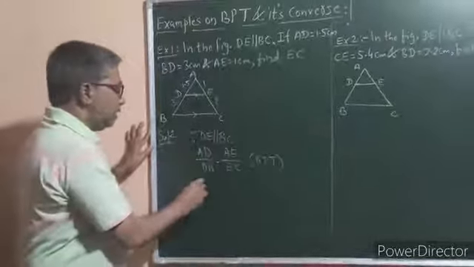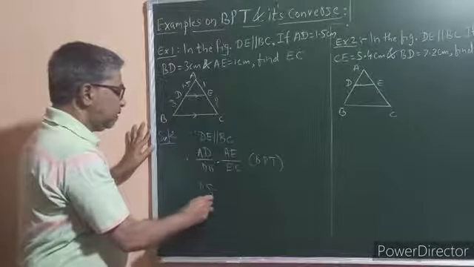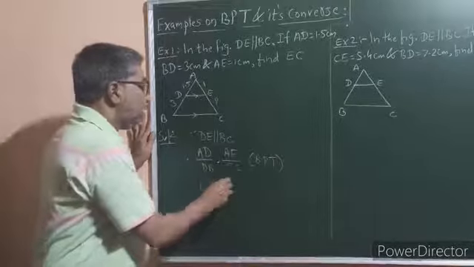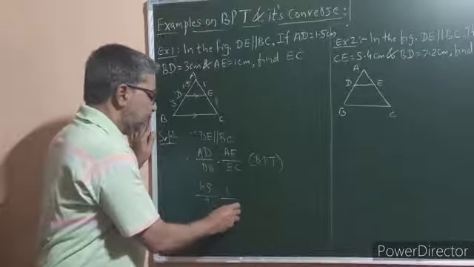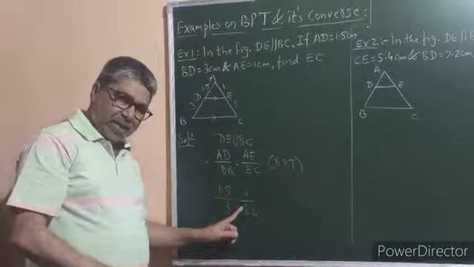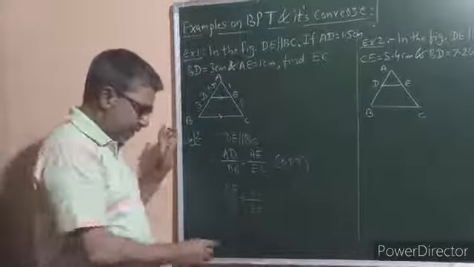Now let us substitute the values. The length of AD is 1.5 upon the length of BD, 3 centimeter, is equal to length of AE, 1, divided by EC as it is. Now two fractions are equal. To solve this, we have to take a cross multiplication.